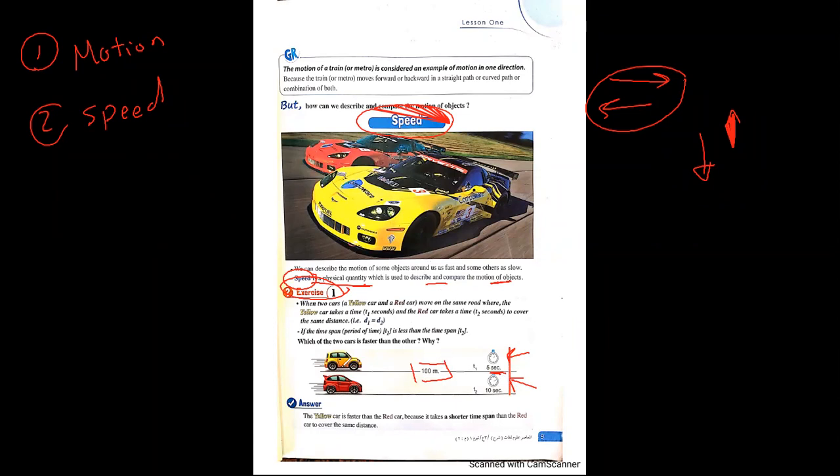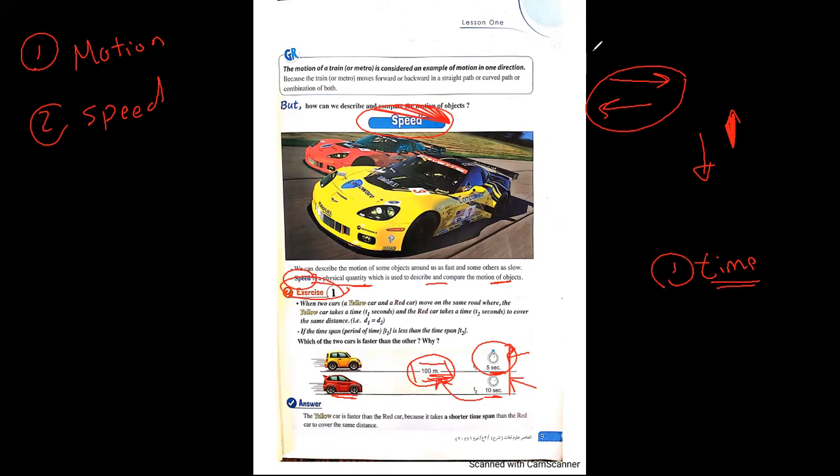Because the yellow car takes 5 seconds to cover 100 meters, but the red car takes 10 seconds. So the yellow car is faster because it takes shorter time. Here the first factor affecting the speed is the time.